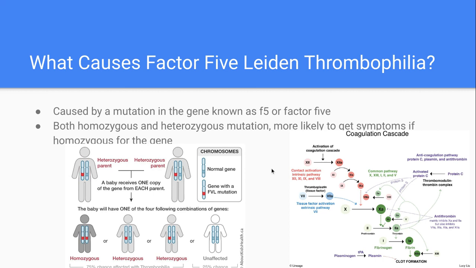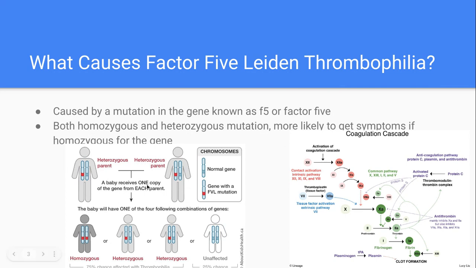And so that's what can lead to severe symptoms. And the interesting thing about this disorder is it's both a homozygous and a heterozygous mutation. You can have it whether you only have one copy of the allele or two. But if you're homozygous for the gene, you will be more likely to get the severe symptoms that Factor 5 Leiden Thrombophilia is known for.